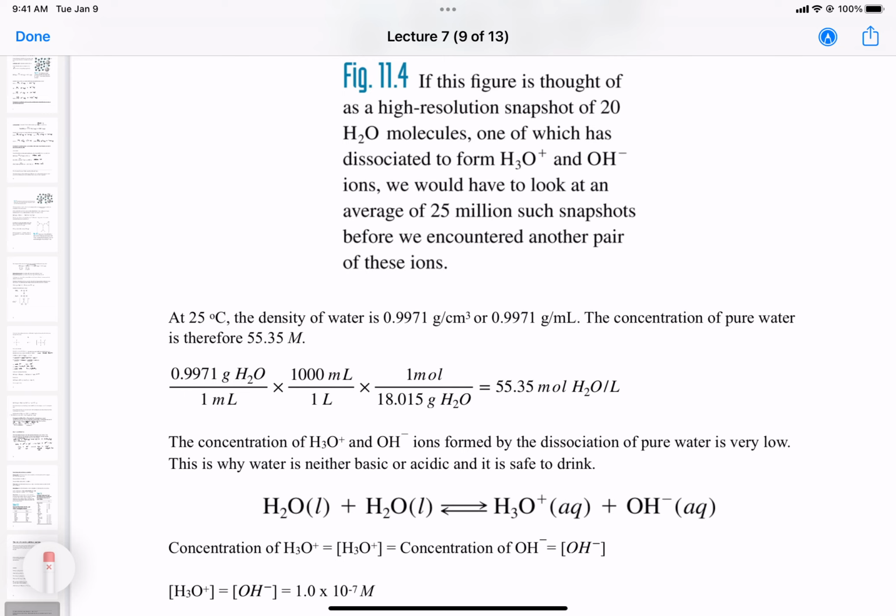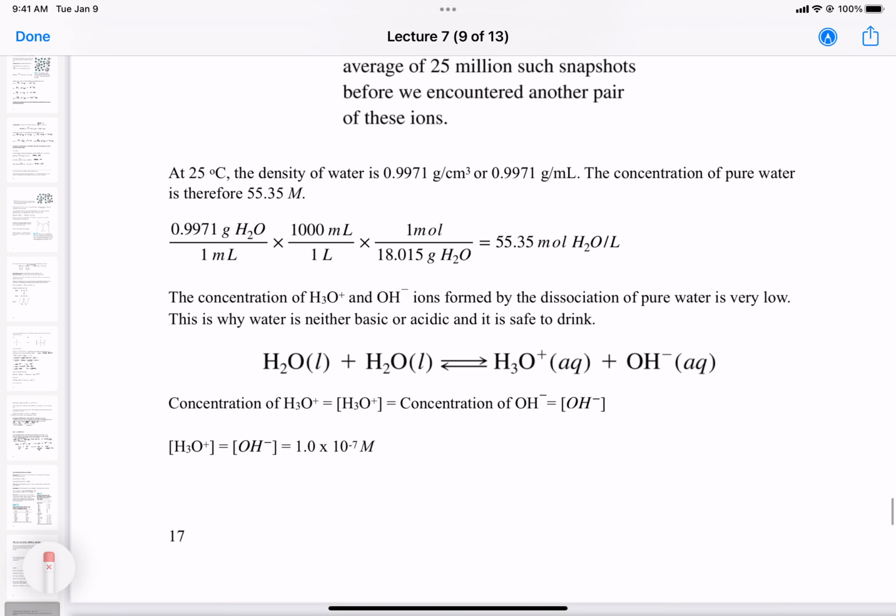So we say the concentration of H plus or hydronium and hydroxide are approximately the same in neutral water, approximately 1 times 10 to the negative 7 molar. So that's really small.